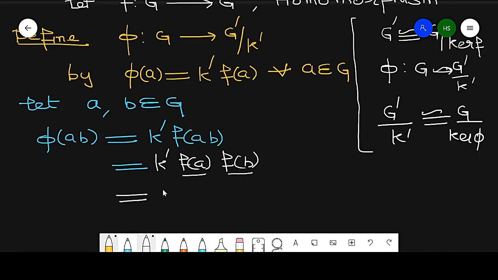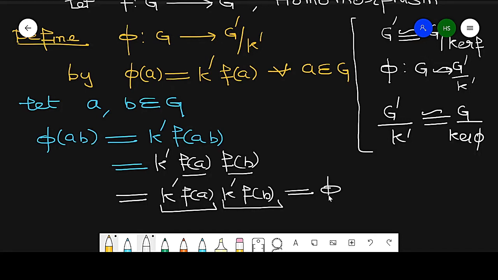Now applying the definition of coset, K dash f of a into K dash f of b becomes phi of a into phi of b.